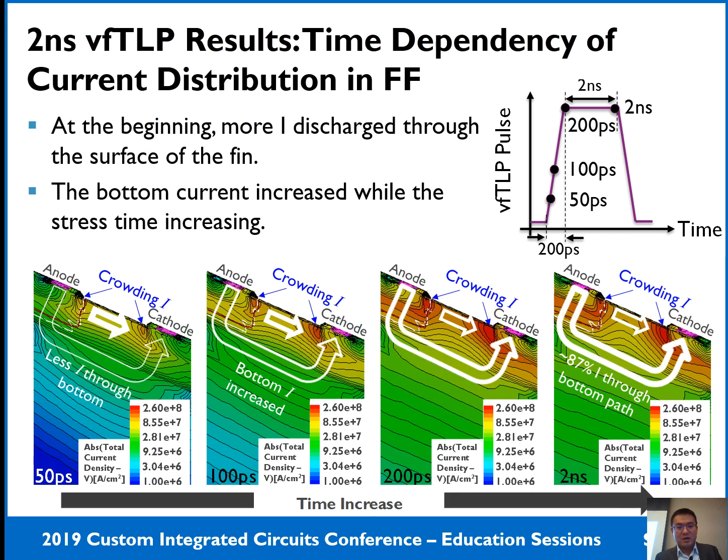The similar thing is also shown in the FinFET gate diode. At the beginning the current will already go through the surface, but then the current ratio will increase when the stress time increased, and finally around 12% will discharge through this fin structure, but about 87% will discharge through this parasitic path under the fin structure.